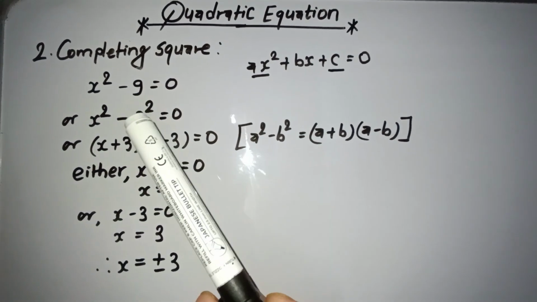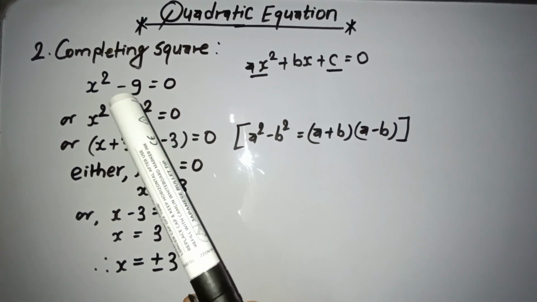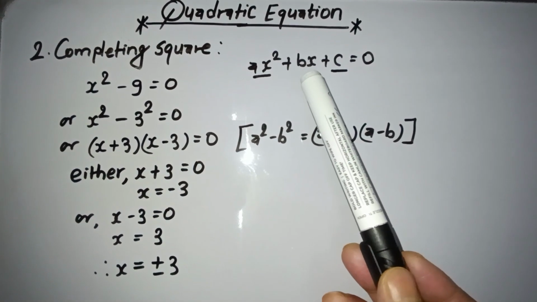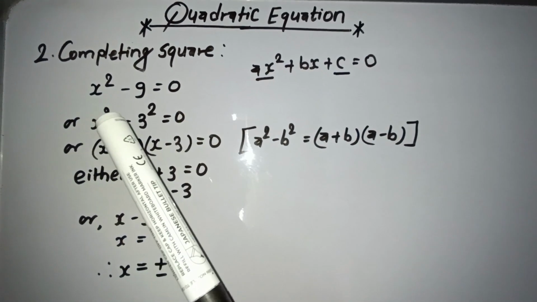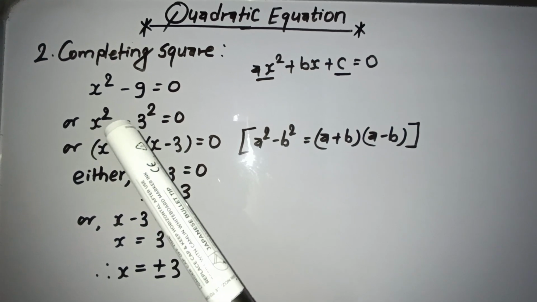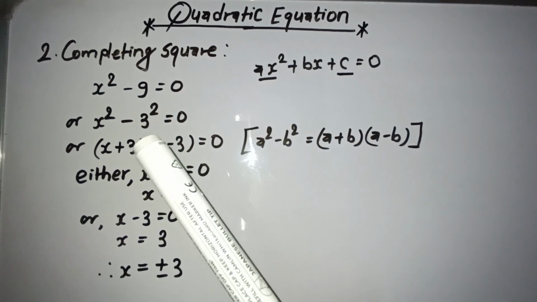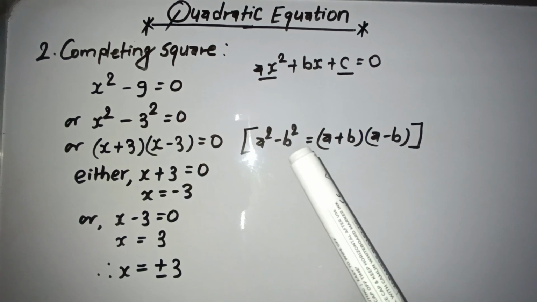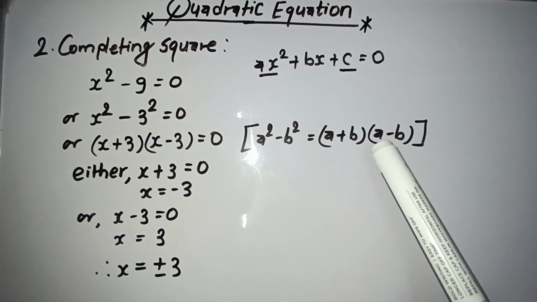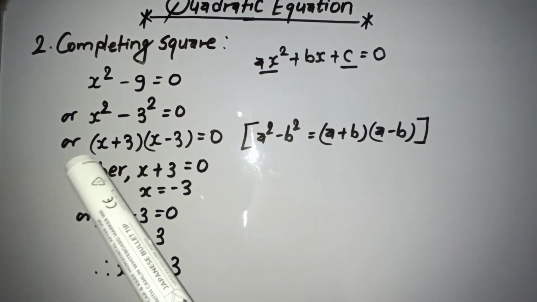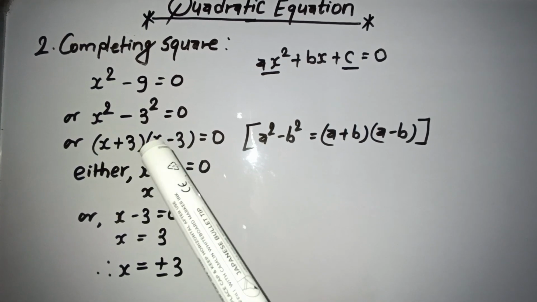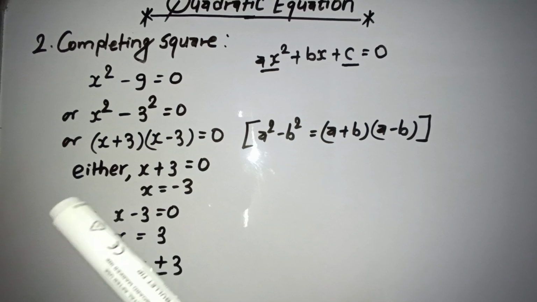This question is like a completing square where there is absence of bx, and we make it as x square minus 3 square is equals to 0, and we use this formula, that is a square minus b square is equals to a plus b and a minus b. Like this, we write this as x plus 3 x minus 3 is equals to 0.